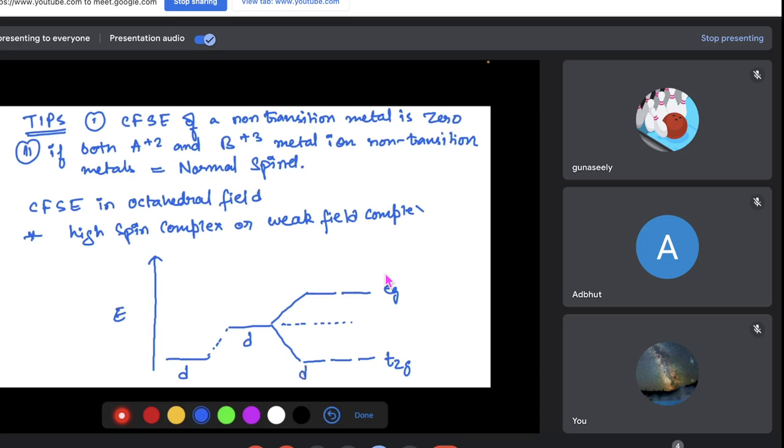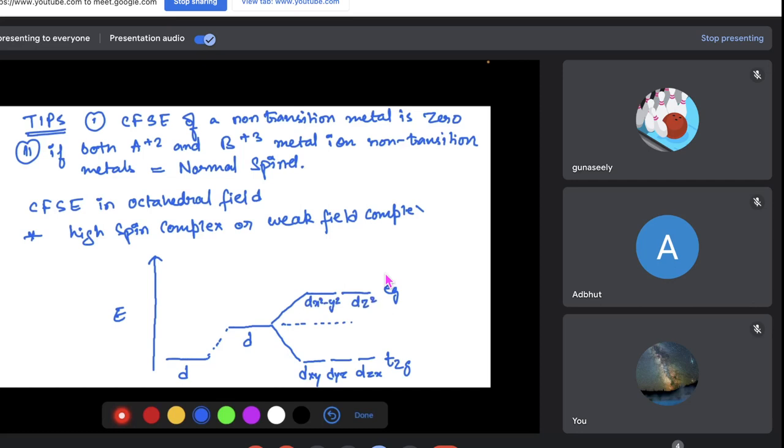So this is dxy, dyz, dzx, and this is dx square minus y square and dz square.